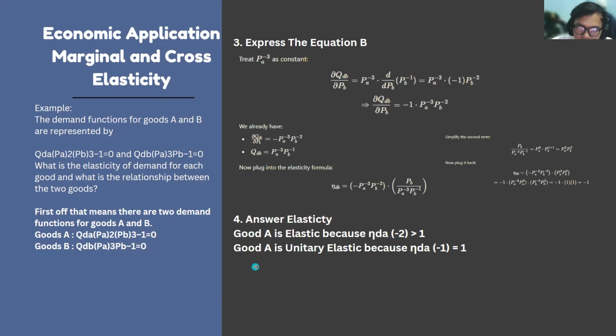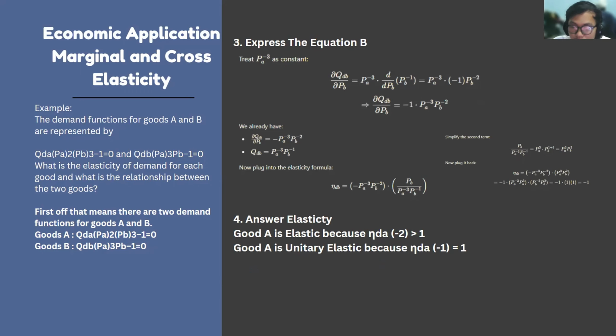That means good A is elastic because elasticity dA minus 2 is greater than 1. Why is minus 2 greater than 1? Because in elasticity, it doesn't matter if your number is negative, it's always going to be positive. For example, if it's minus 2, it means 2.